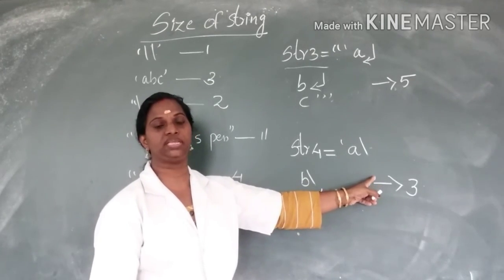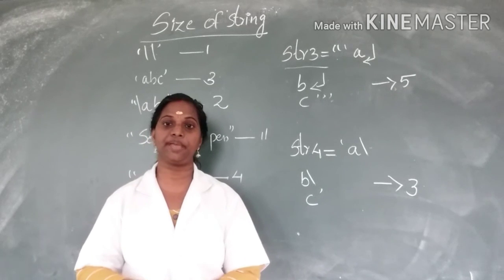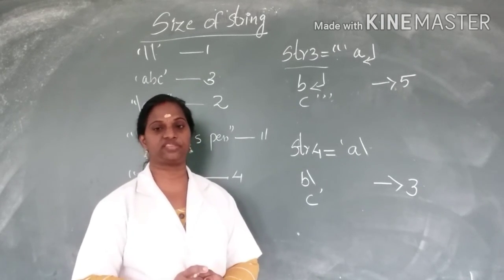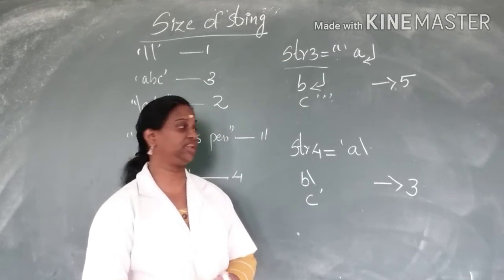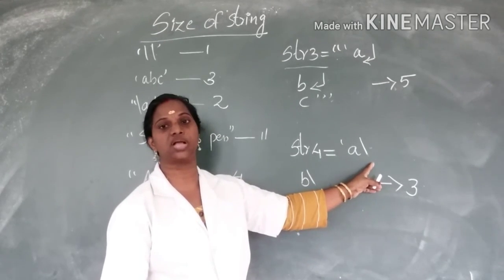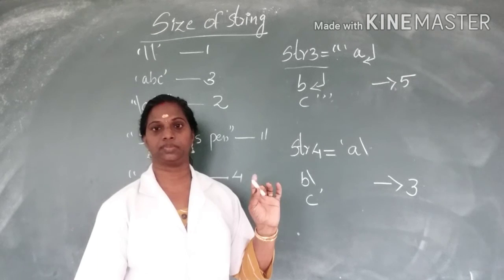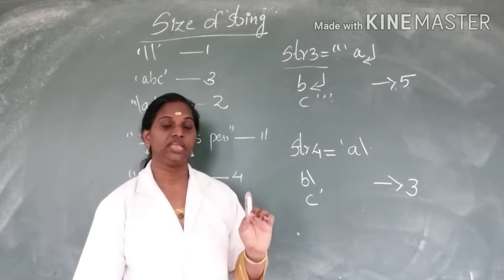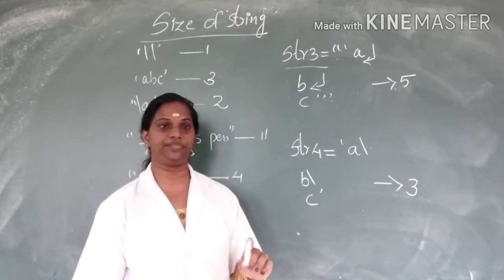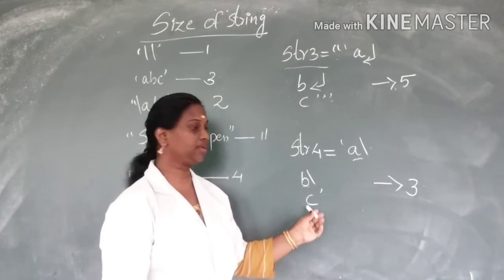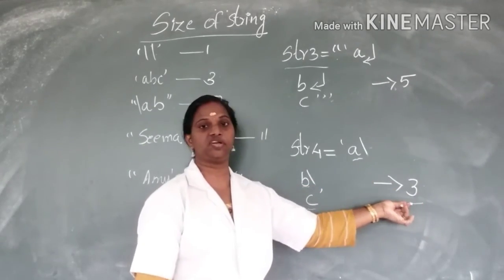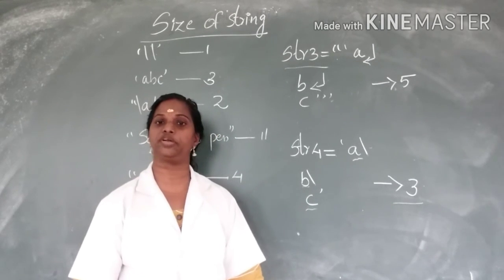We are separating these characters by using the backslash. When we use this backslash in a multi-line string, this backslash will not count as a character. That's why here we have only 1 character, here only 1, here only 1. So the total size of this string 4 is 3.